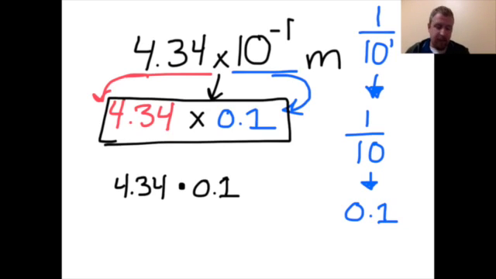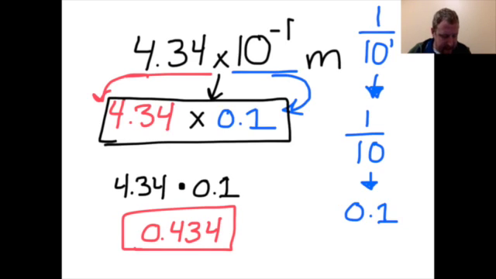So in this particular case, I'm taking a fraction of 4.34, okay? And this actually ends up equaling 0.434. That is the answer. That is the exact same thing as 4.34 times 10 to the negative 1. It's just not in scientific notation anymore.